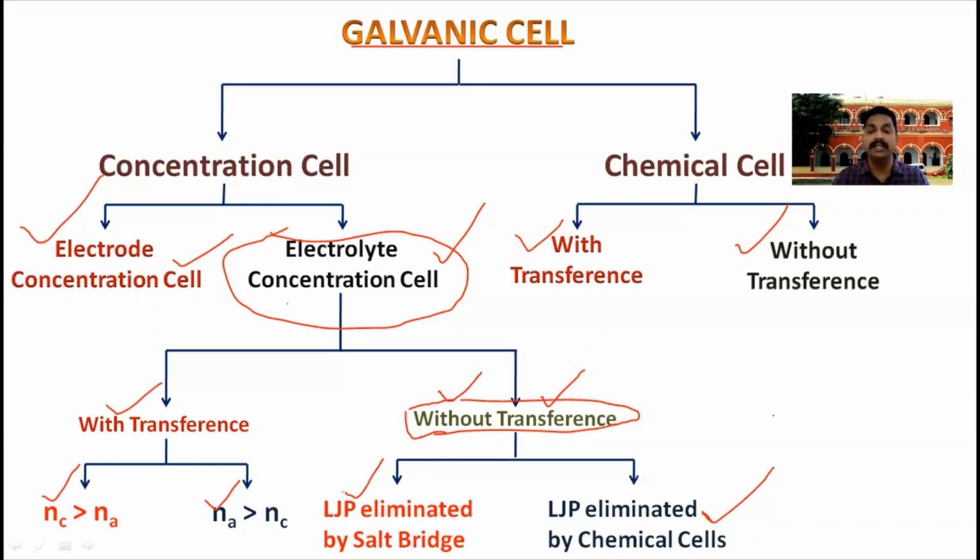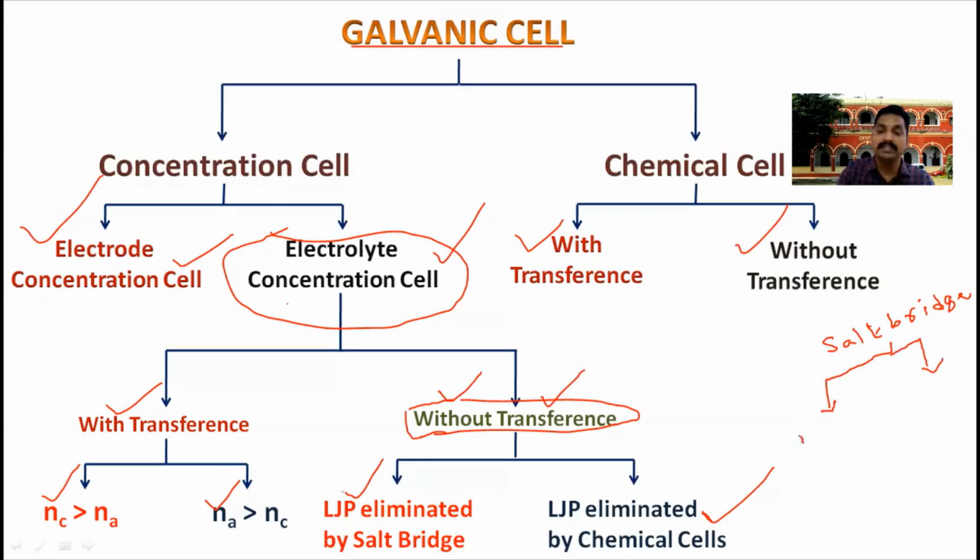When we come to LJP eliminated by salt bridge, we have seen that there are again two types in this category. What are those?